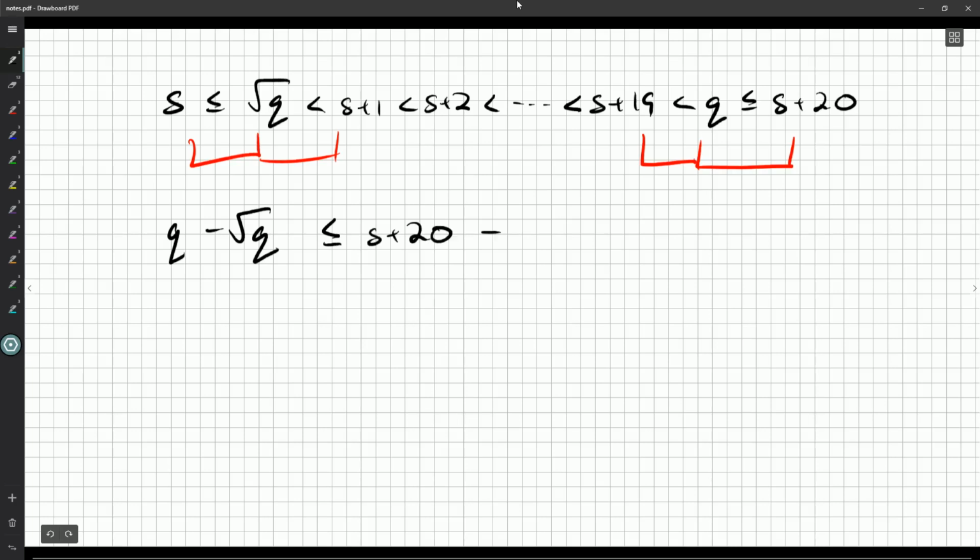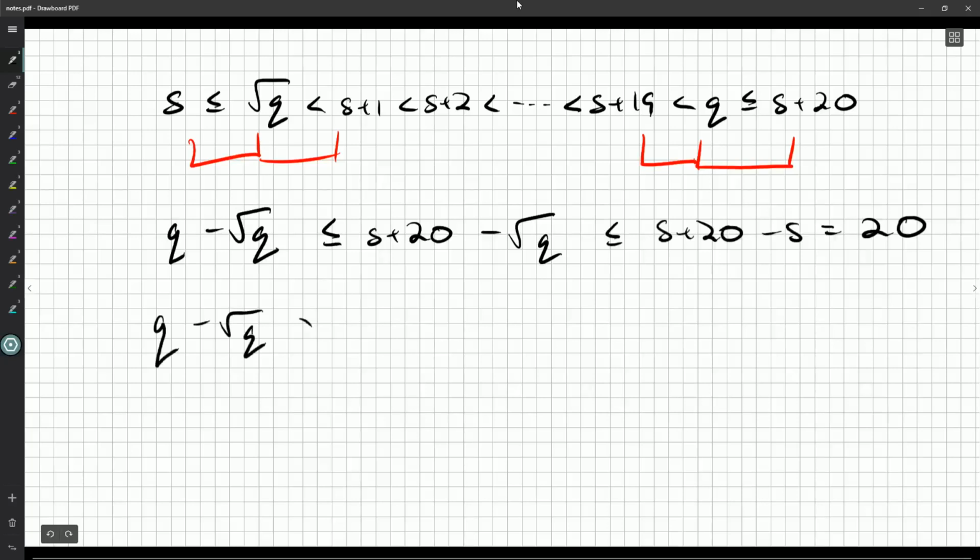So subtracting off root q, subtracting off something that's even smaller would produce a bigger number here. So we can say something like this, and then like this. And that gets rid of the s's, actually. So the s's don't seem to matter. So the difference between q and root q has to be at most 20, maybe exactly 20. And that comes from the inequalities here.